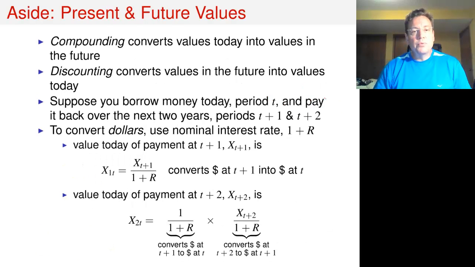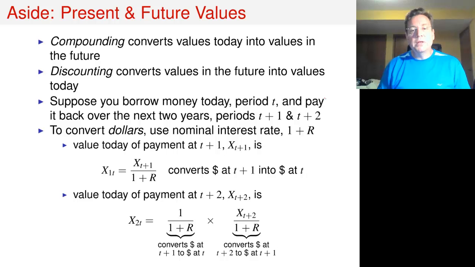What we're now going to do is think about what interest rates do more generally. This is about present versus future values. Compounding converts values today into values in the future, whereas discounting converts values in the future into values today. Suppose you borrow money, and here initially we're going to talk in terms of dollars.